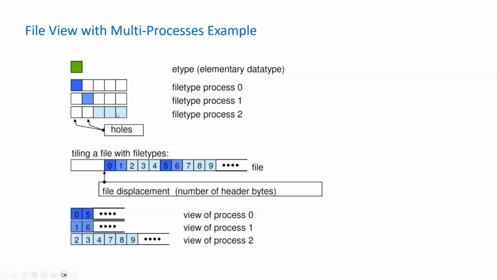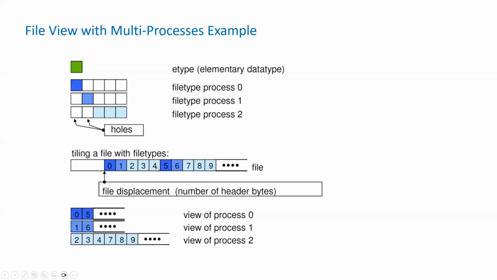or something like this. So if I have this file type, the whole file type will be 1, 2, 3, 4, 5, which is 5 units. And then if we tile the file together, it looks like this. We'll start with a certain displacement, and then it will be 1, 0, 1, 2, 3, 4.